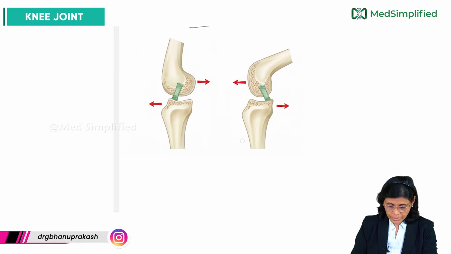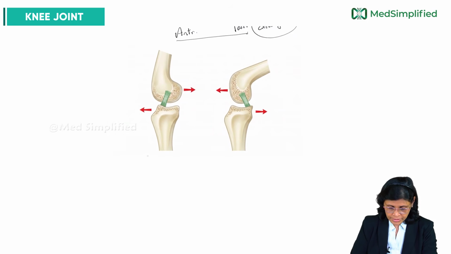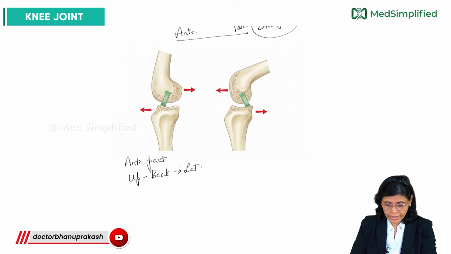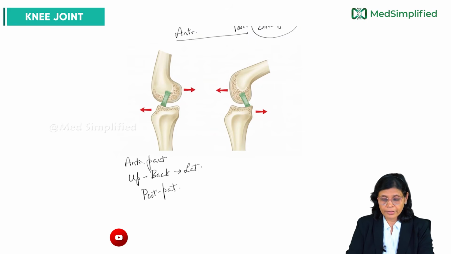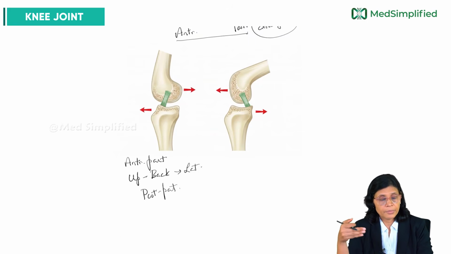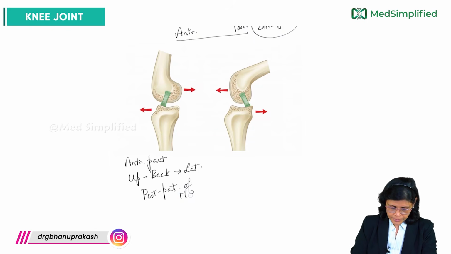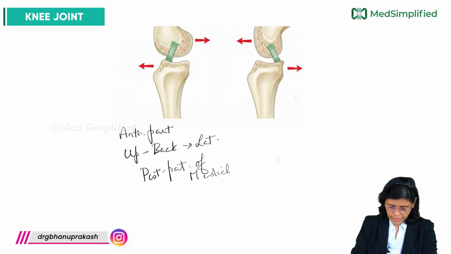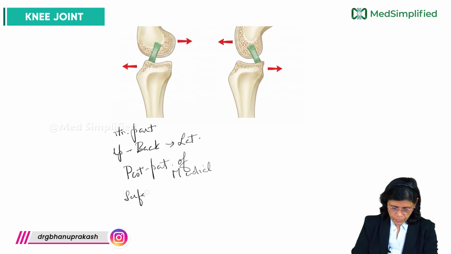Both of them have some kind of opposite arrangement. So it is attached to the anterior part, and from there it runs upwards, backwards and laterally, and is attached to the posterior part of the medial surface of the lateral condyle of the femur.